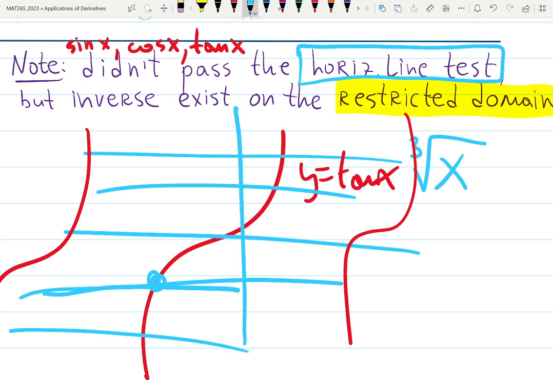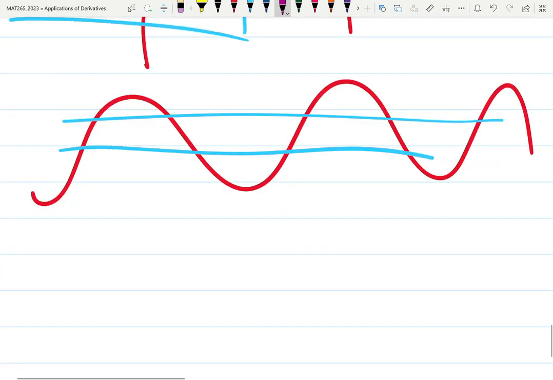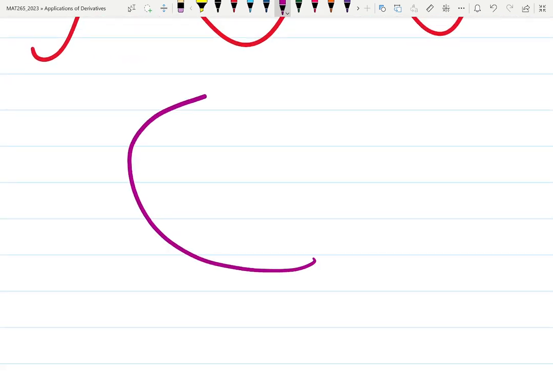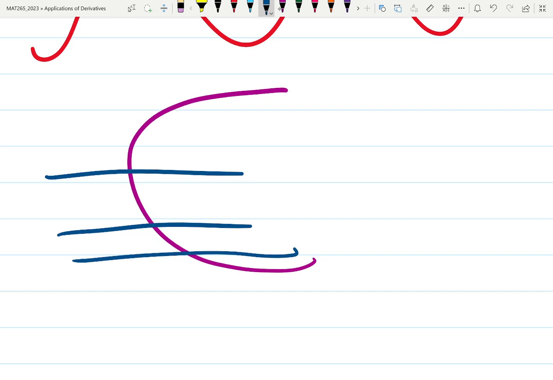The vertical line test and the horizontal line test work together to make sure one input has one output. It's a good question. Let's talk about this case. Here it is. It's not a function because it doesn't pass the vertical line test, but it has an inverse because it passes the horizontal line test. Together, they create a function that has an inverse.